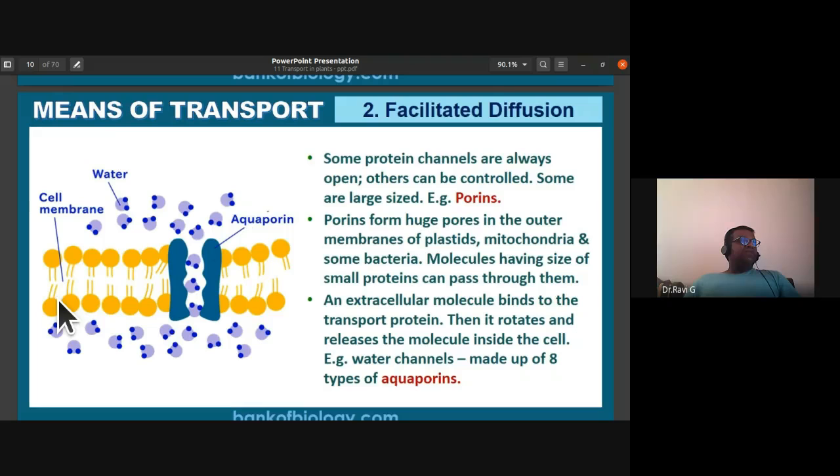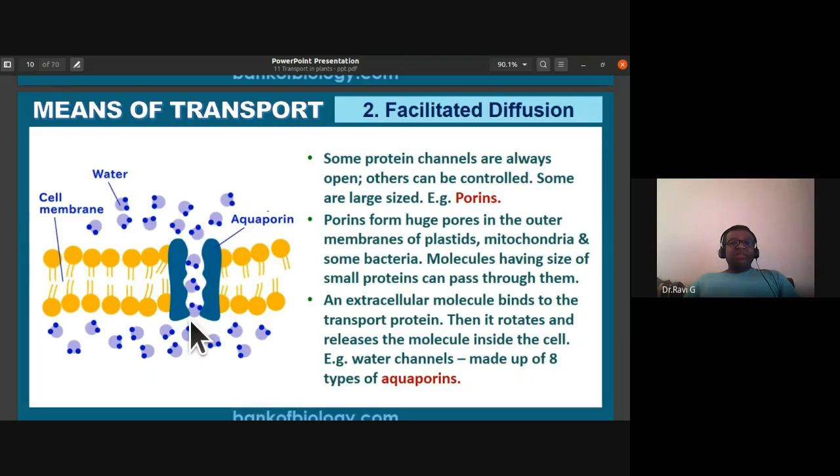If you take plastids, it can be the chloroplast membrane, or the outermost membrane of mitochondria. They have these porins which form huge pores in the membranes of plastids like chloroplast or mitochondria, and in some bacteria you find these porins. So molecules having the size of small proteins can pass through them.